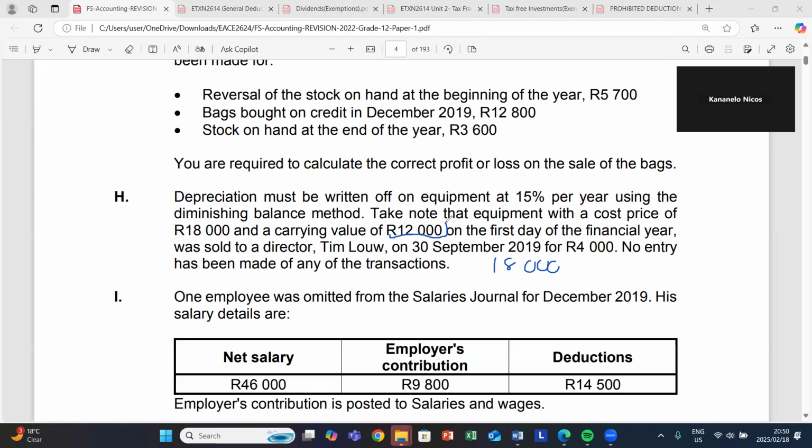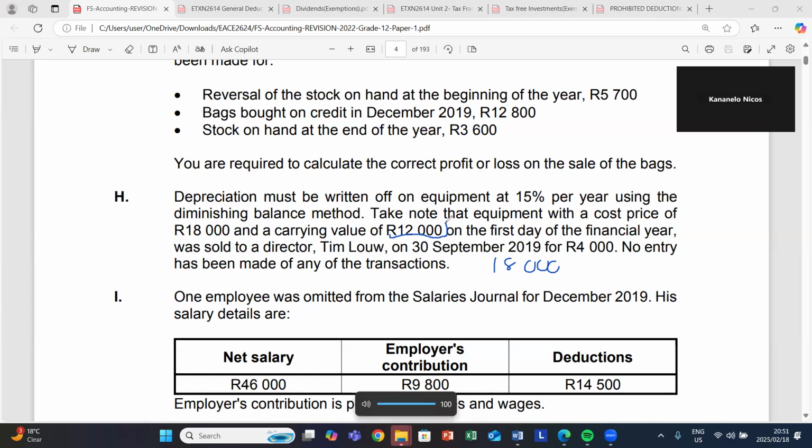The question that you're supposed to ask yourself is, how do you get a carrying value, guys? Anyone who wants to tell us how we get our carrying value? I think it's cost minus accumulated depreciation.